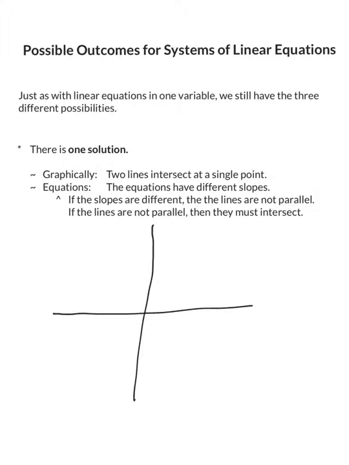So if you have two lines that have different slopes, doesn't matter what they are, they will always intersect at a single point. The main thing is that the slopes have to be different. If the slopes are the same, then it is not going to have one solution.